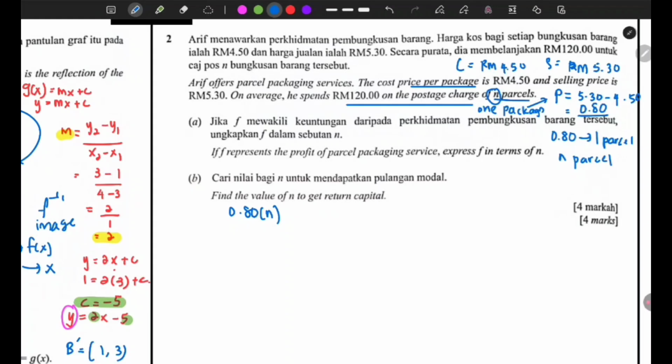And don't forget, this is the profit that you get, right? And after that he take out the money, so the untung, the profit that he gained also become lesser. So you minus off the 120 ringgit. If F represents the profit of parcel packaging service in terms of n, done. This is your Fn. This is the profit.